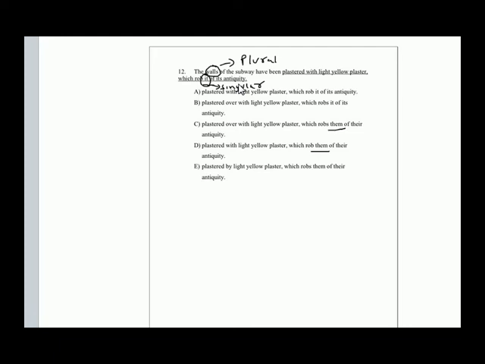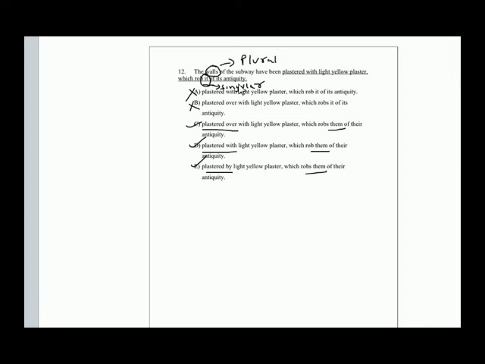And we have three answer choices which say robs them, so just mark them as yes. So we've quickly narrowed down to three answer choices. Now the key difference is in the usage of the preposition: plastered over, plastered with, or plastered by, which is the correct usage.